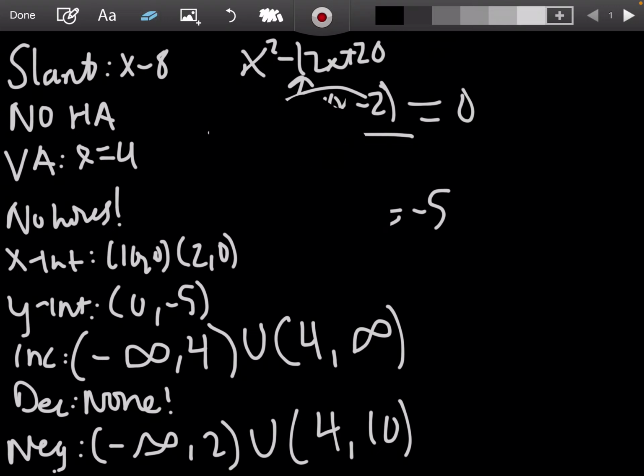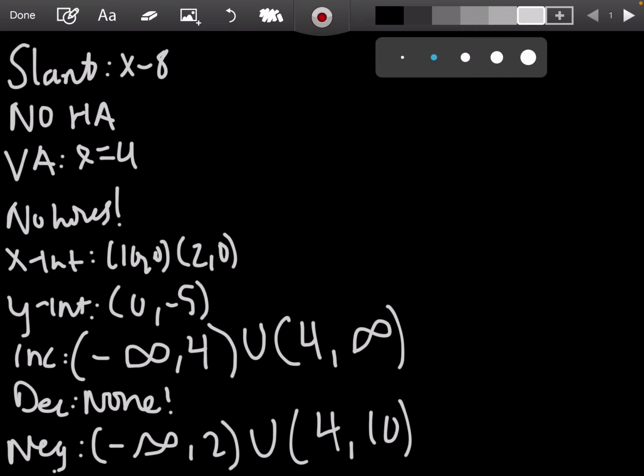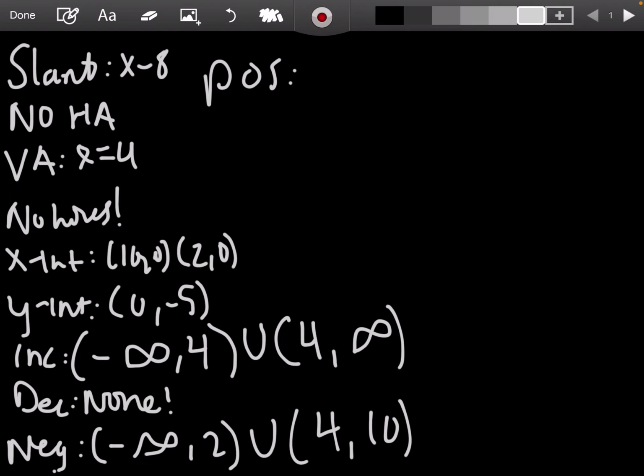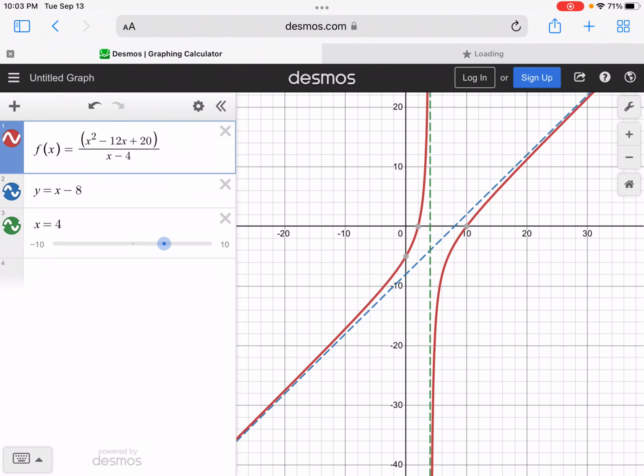Now let's find our positive. Let's erase this first so we can get some room. For our positive, from 2 all the way up to 4, we are positive.